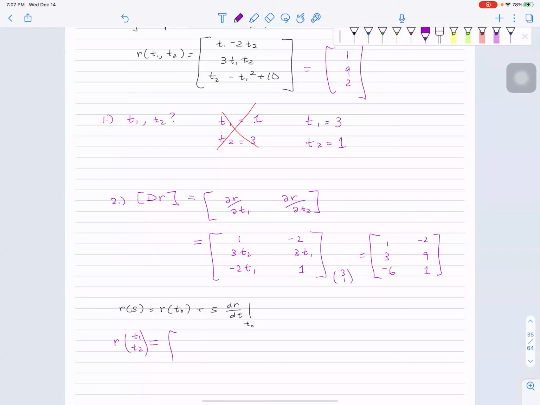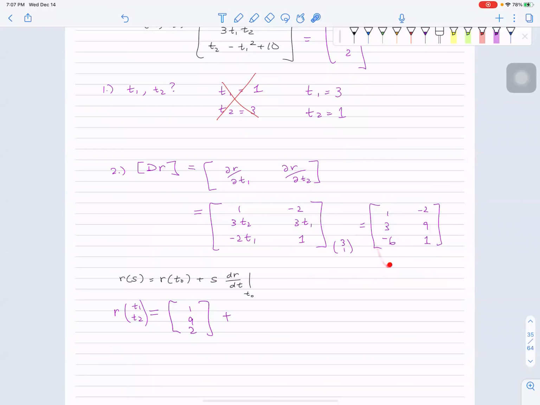So I have 192 plus, I'm going to take the first column of my derivative matrix. That's going to be the partial of R with respect to, oh, I already wrote it, T1. Because that's the column associated to T1, I'm going to say it's plus T1 times that first column, plus T2 times the second column.